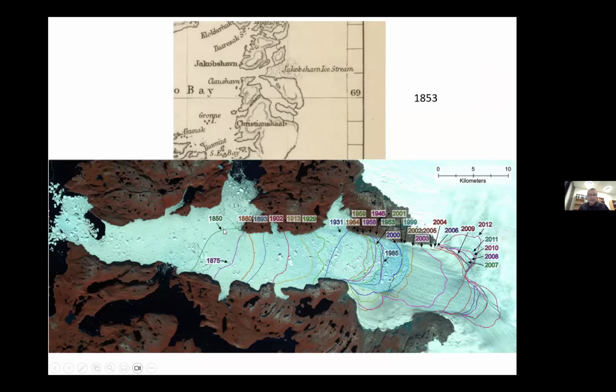So here we see where the front is in 1850 and 1875 and so on. The data that we are using from the 1850s to 1920s is mainly based on sketches and mapping, and also from photos. From the late 19th century to now, we have many more aerial photos, which give a much better picture of the front positions.